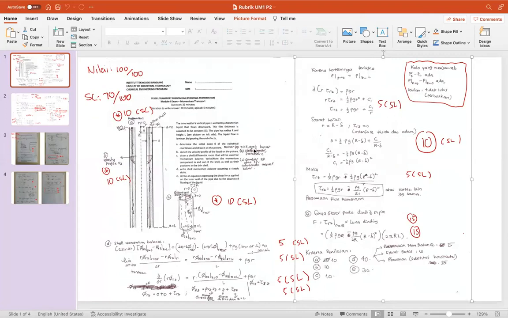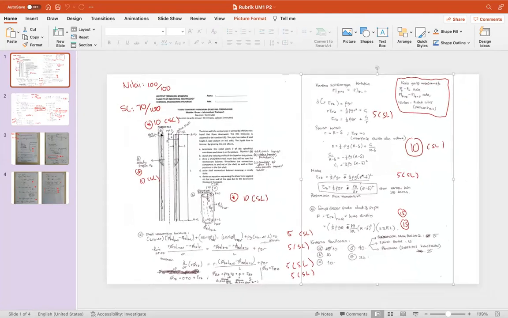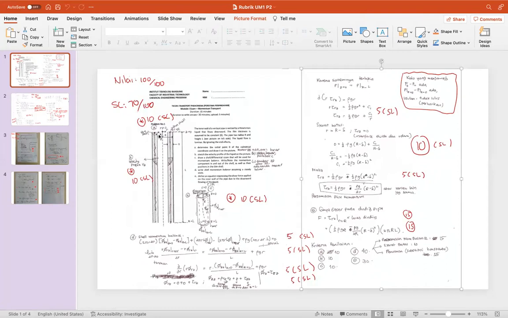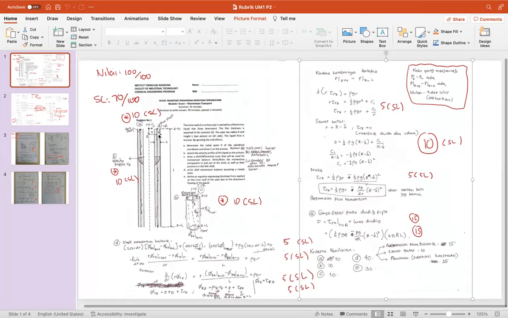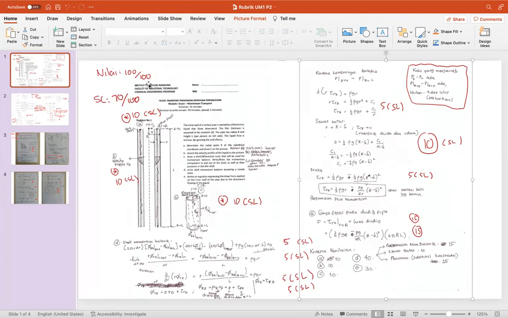Okay, so actually I took it from last year's exam. So this is an example, from last year's marking. So for example, this one number is 100.